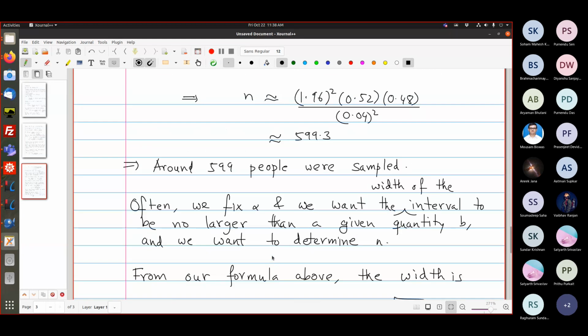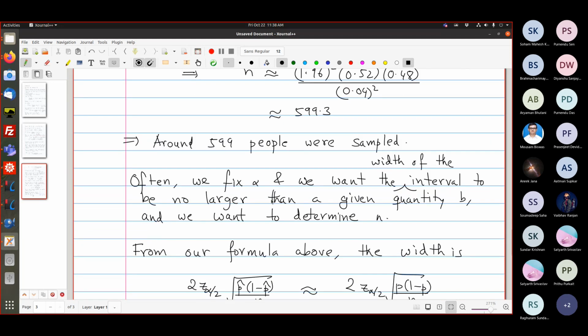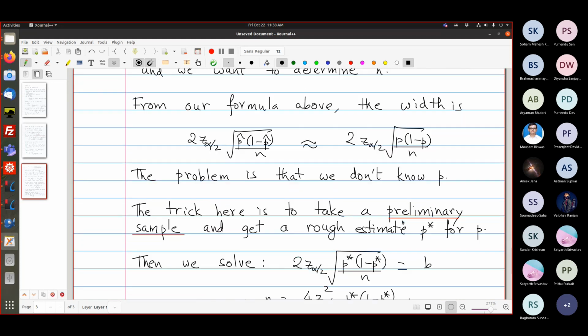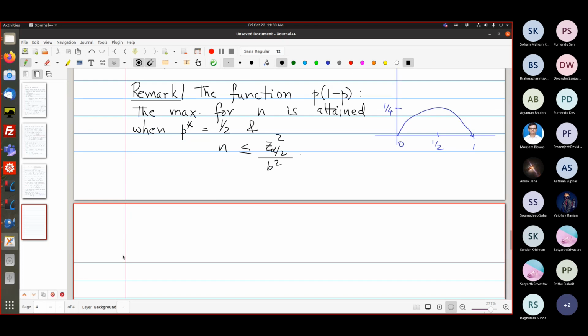coming back to the original question, which is this: you have alpha and b, and you want to determine n. If cost is not such a big issue, you can take so many samples. You don't need to do more calculations if you're okay with a larger sample set.